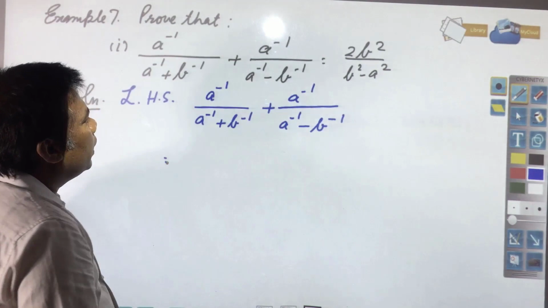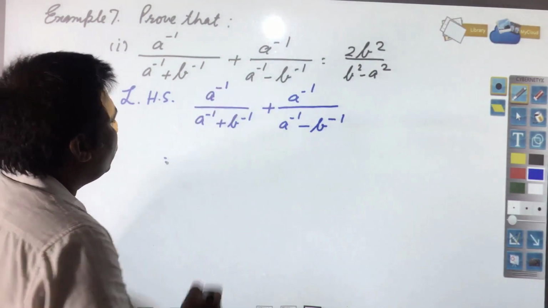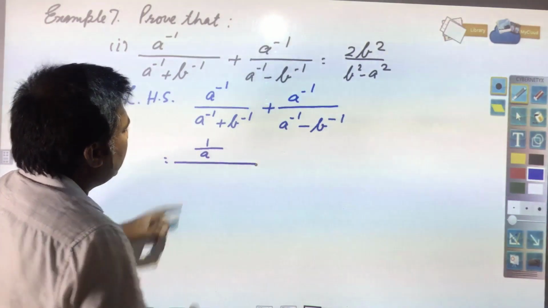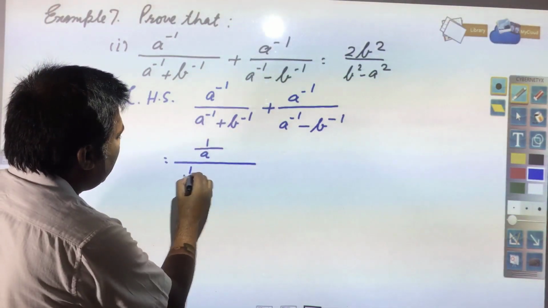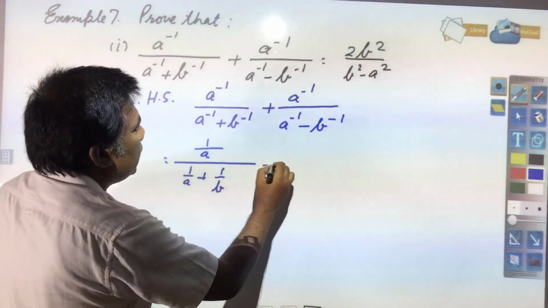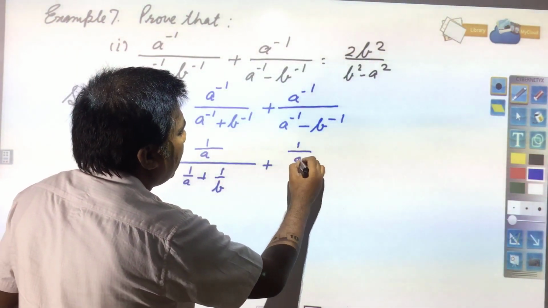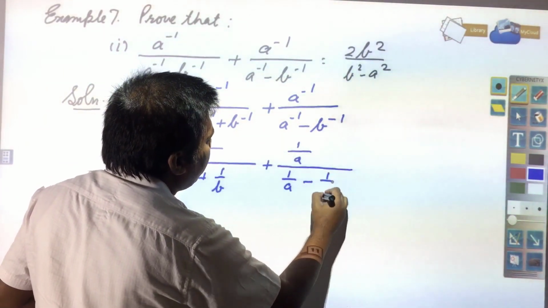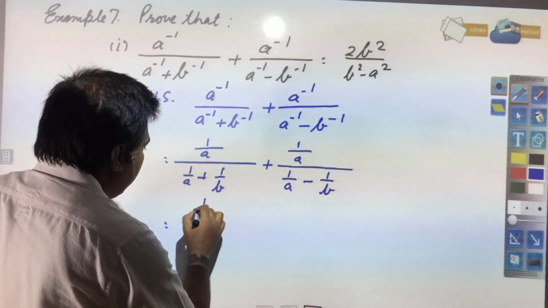How will we solve? A to the power minus 1 we know is 1 by a. So it becomes 1 by a divided by 1 by a plus 1 by b, plus 1 by a divided by 1 by a minus 1 by b.